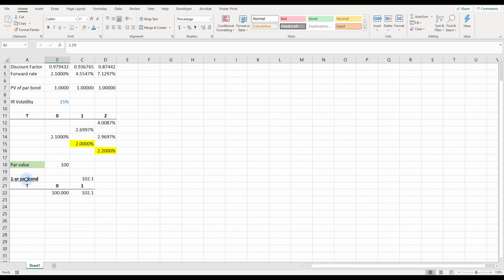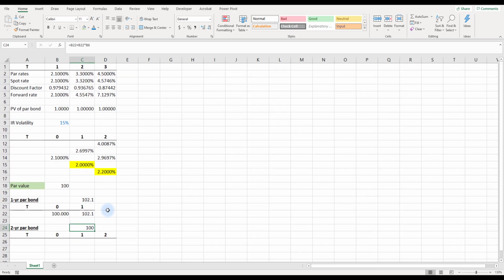Now I'm going to move on to the 2 year par bond. So I'll just copy the framework downwards here. So I will have the 2 year par bond. Okay, and this time around I'll just extend the period to 2 years. And what are the cash flows this time around? Okay, so the cash flows here would be the par value times the coupon rate for a 2 year bond, which is 3.3%.